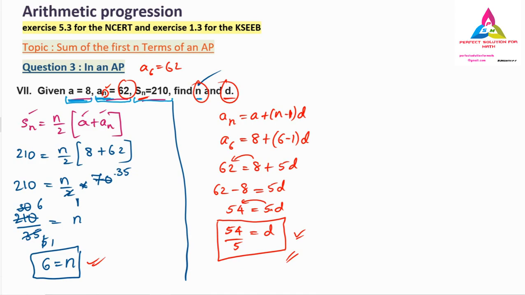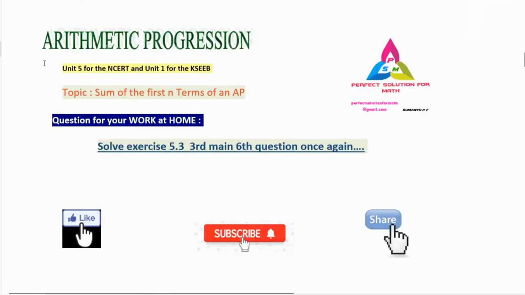If they have given the D value for you, then you have to go for Sn is equals to n by 2 into 2A plus n minus 1 into D. This is the most important thing while solving AP questions. Remember this.